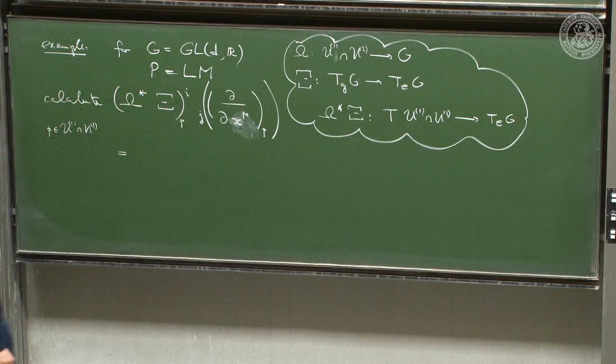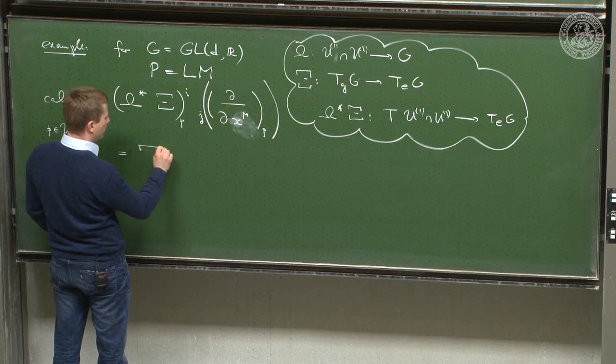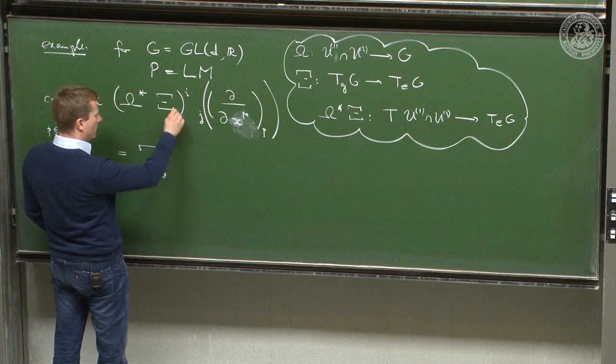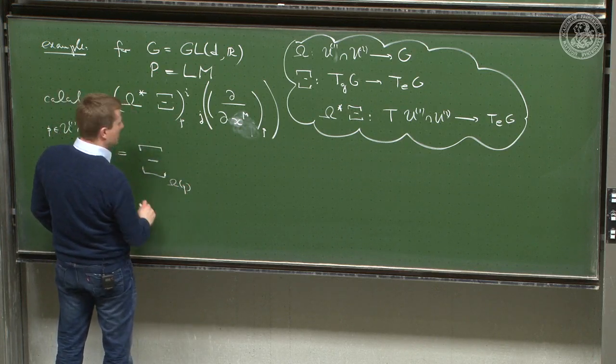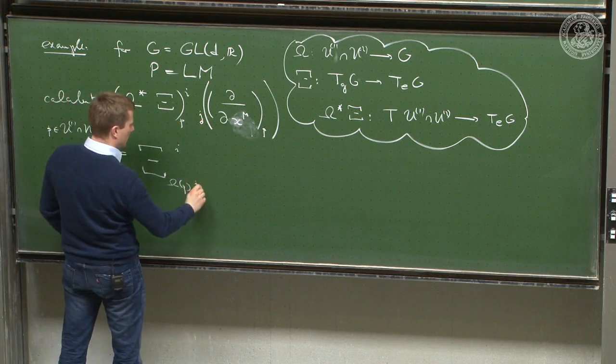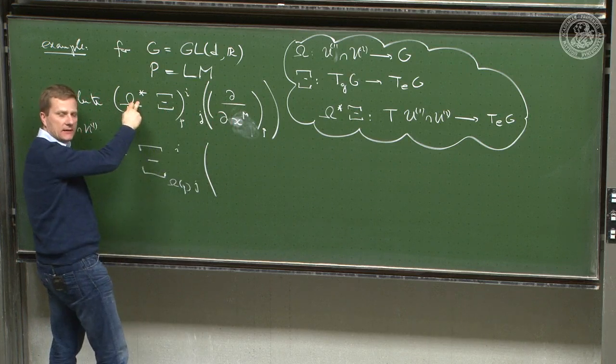So the pullback, of course, is the form here at omega of P, ij, applied to the push forward of this guy under this guy.